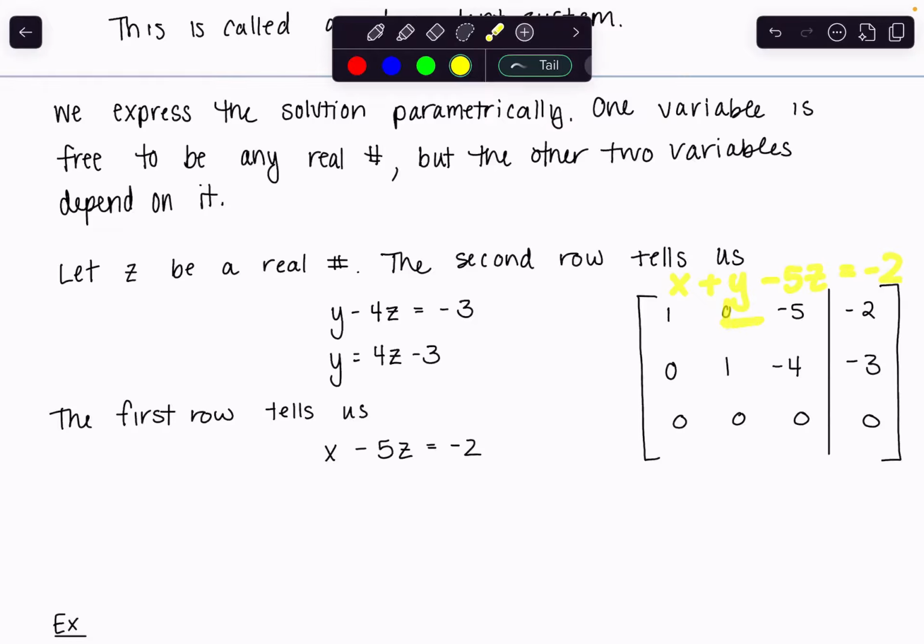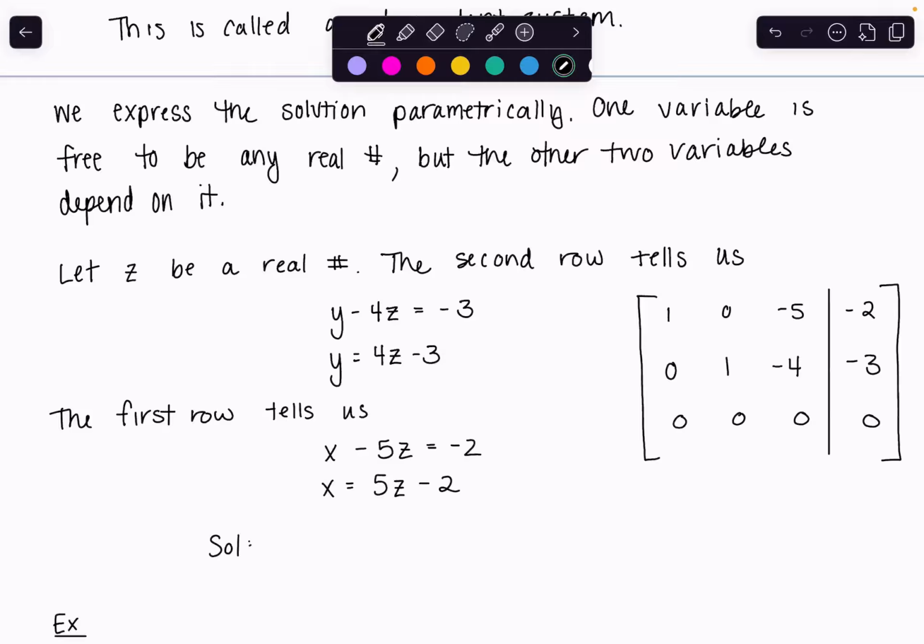You just replace your y by 4z minus 3 to get everything in terms of z. But since I did make my life easier and just involved x and z, our x coordinate is equal to 5z minus 2. So now once I pick z to be a number, I now can plug that into each of these expressions to see what my x coordinate and y coordinate have to be.